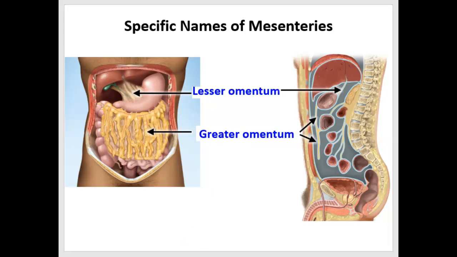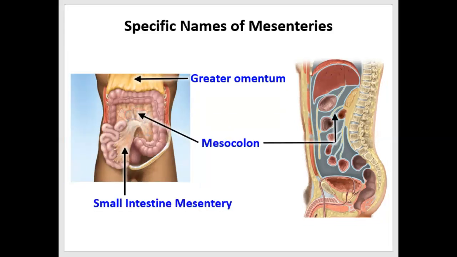I'll give you a chance to look at both diagrams so that you can see the lesser omentum was actually formed from a mesentery coming from the liver, surrounding the stomach, and then the greater omentum comes from the stomach and moves inferiorly. At the most inferior point of the greater omentum, down here, the greater omentum turns back on itself.